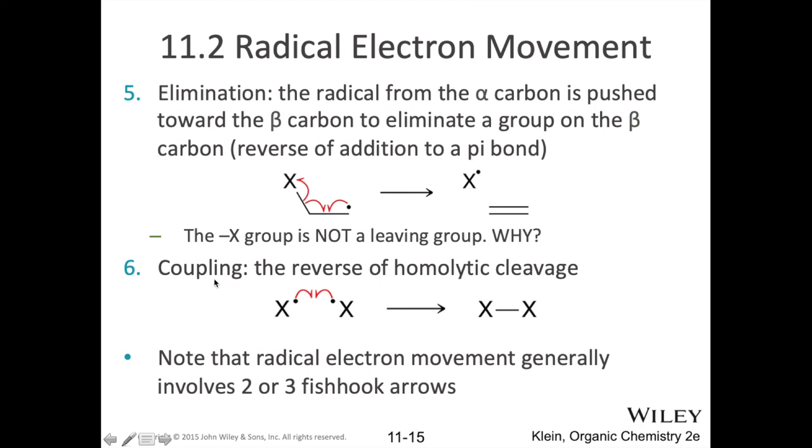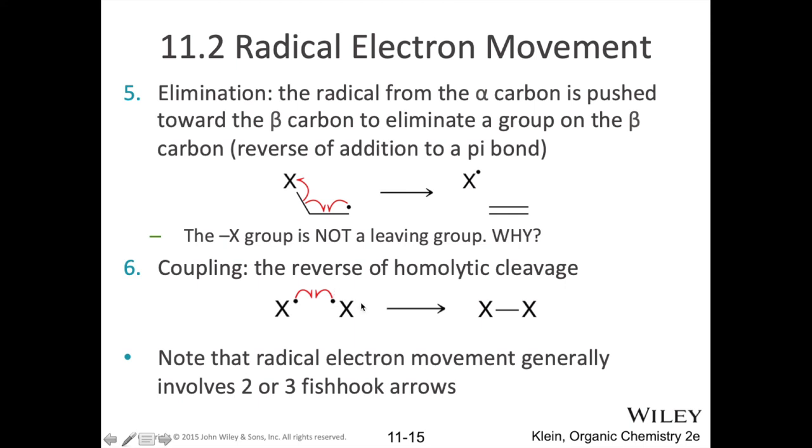Okay, and then we have finally a coupling reaction, where we have two radicals that come together and form a covalent bond, and it's just the reverse of a homolytic cleavage. Okay, you'll see that this is often the termination step of some of the mechanisms we're going to look at.